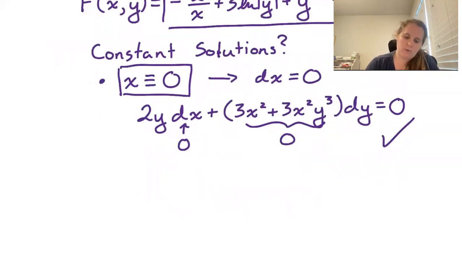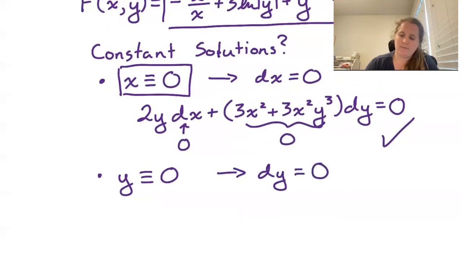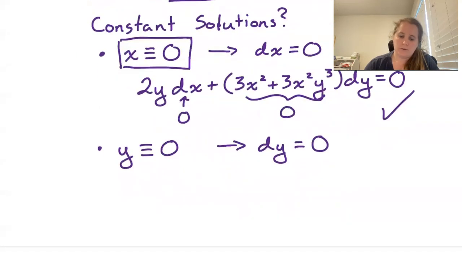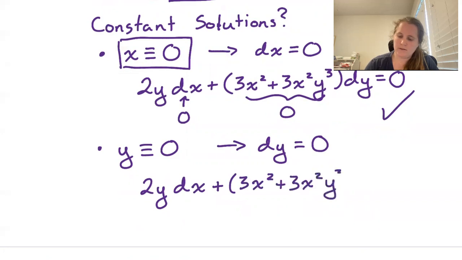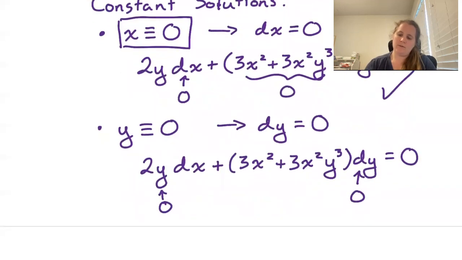Similarly, if we take y identically equal to 0, then dy is acting like 0. So we have 2y dx plus 3x squared plus 3x squared y cubed dy equaling 0. Here dy is acting like 0 and y is 0. And so both of these terms go to 0. And this is also a solution.